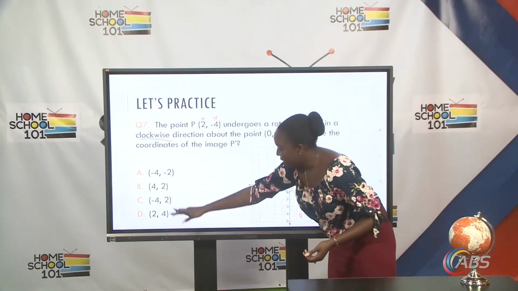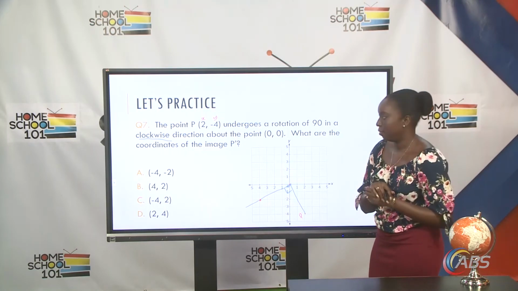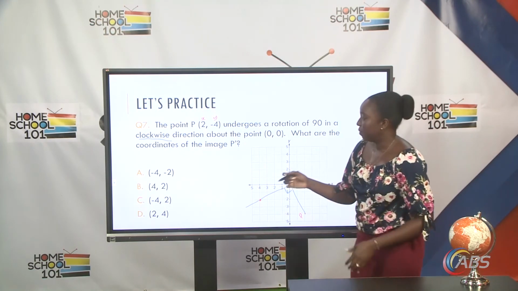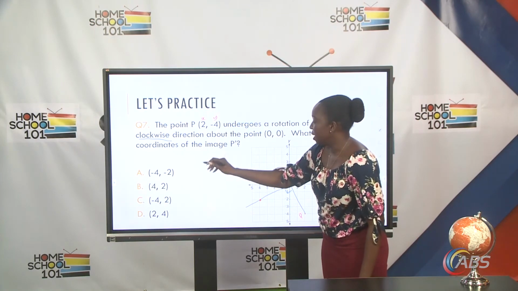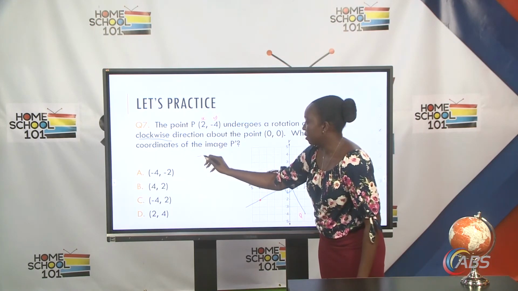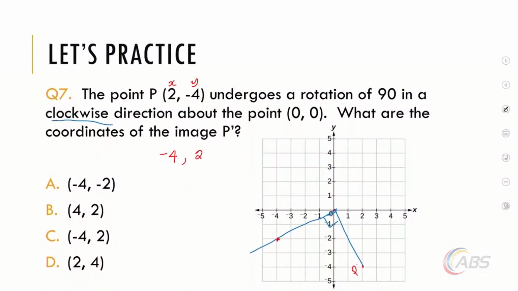If you look at the options clearly, only one of those actually has 2 negative values. But another way you could have done it is if you swapped the x and y values, so y became x, and x became y, and changed the sign of the other value, and we got that right there. Okay, so our answer there is A.